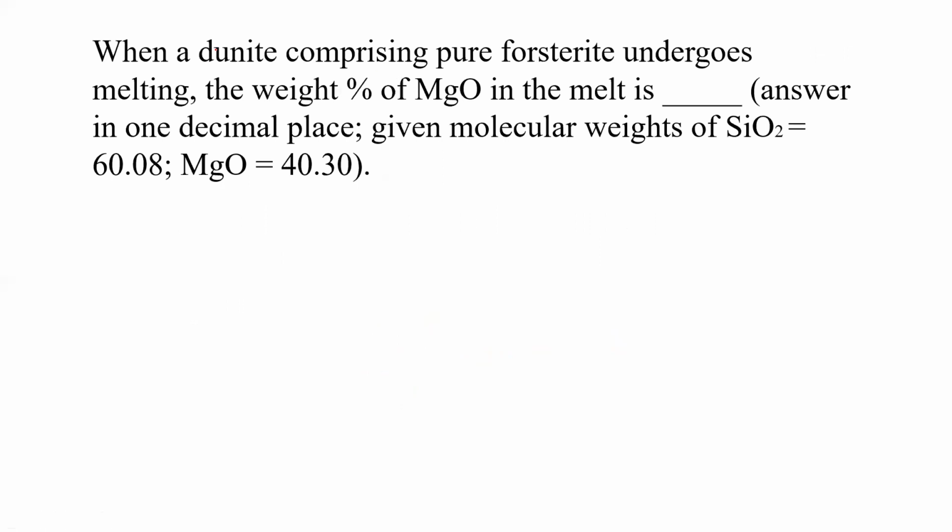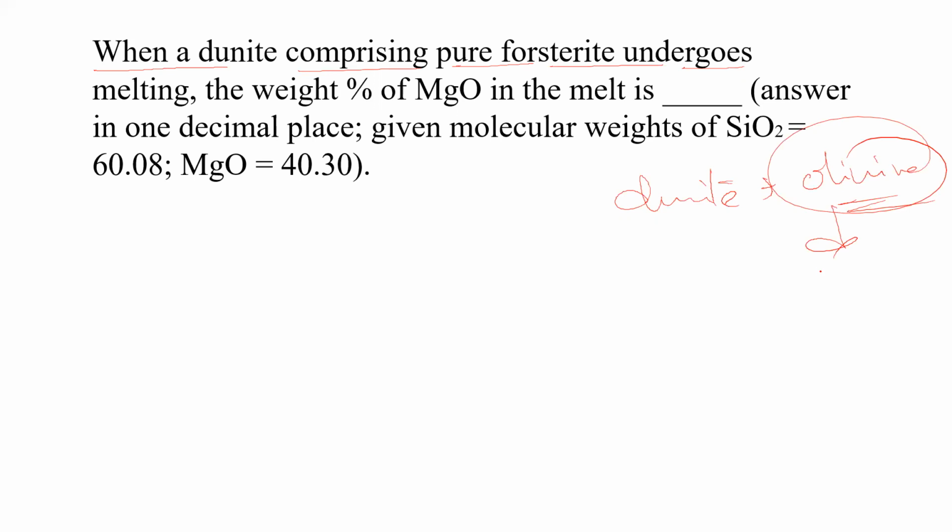And now there is a question. This we have already seen in the last class, yesterday, but we'll see it once again. Whether dunite is comprising of pure forsterite. First thing is that dunite is a monomineralic rock, which is composed of olivine greater than 90%, right?